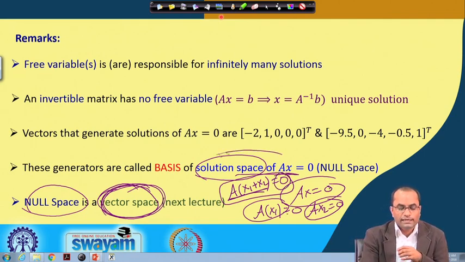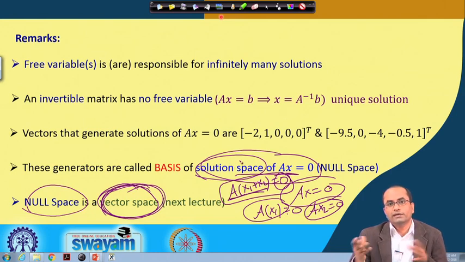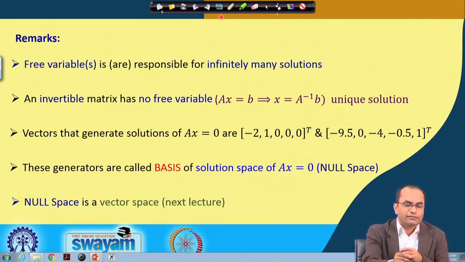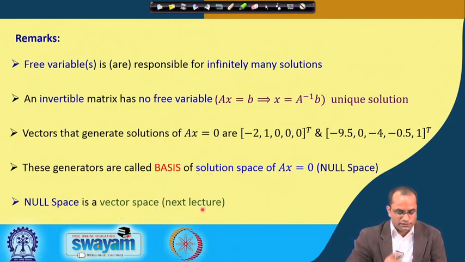So, the solution set of Ax is equal to 0 has some nice properties: you add any two solutions, that will also be a solution, or you multiply a solution by a number, that will also be a solution. There are many other properties which a vector space has, and we will discuss them in the next lecture.